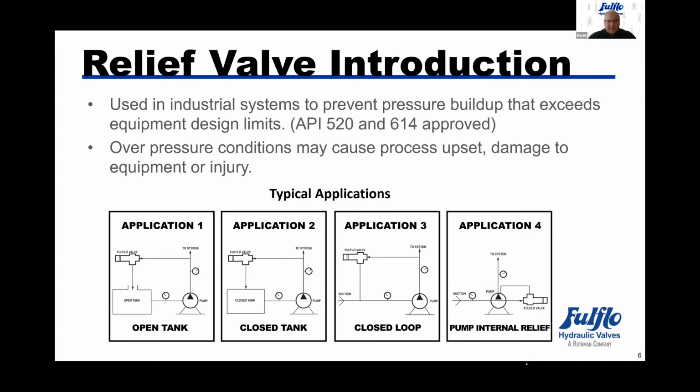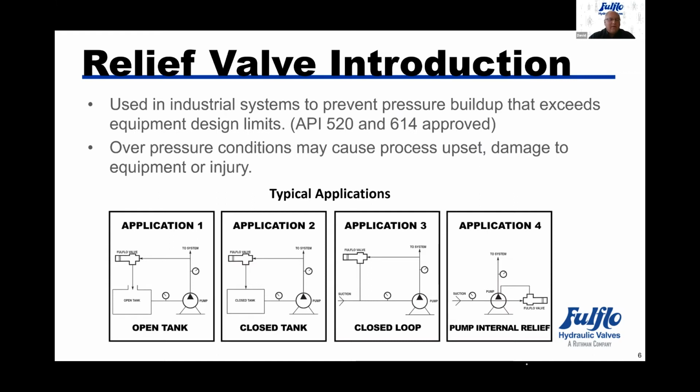The full flow valve is not for air, gas, or steam service. Air, gas, and steam will just vent right through the relief valve, where oil and a fluid will not. And I'll explain more about that shortly.